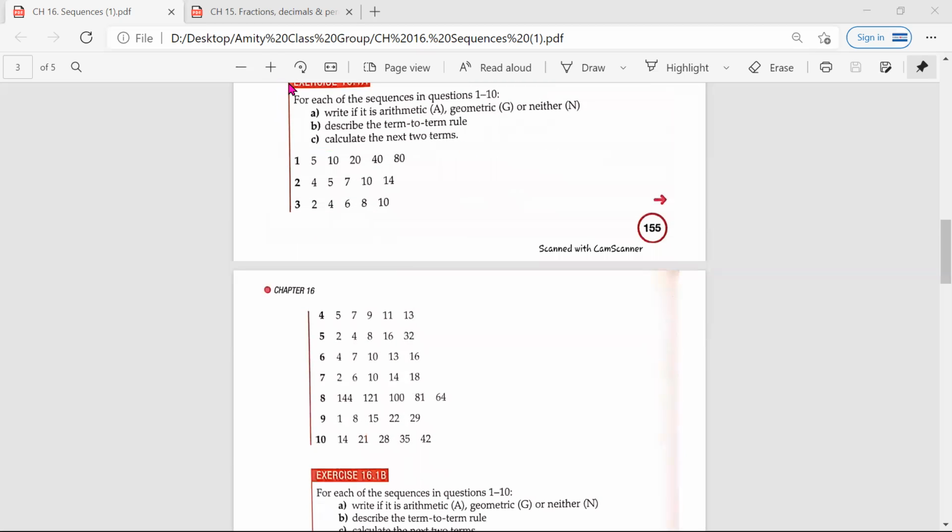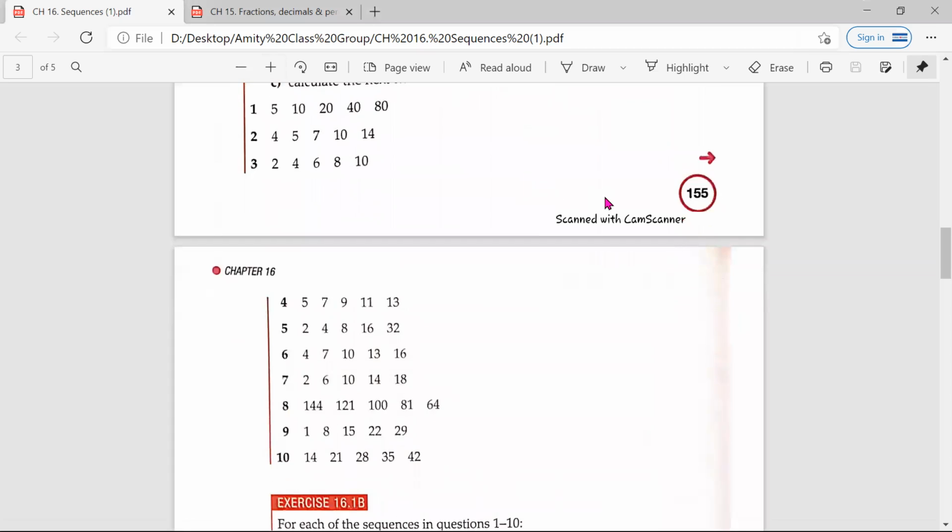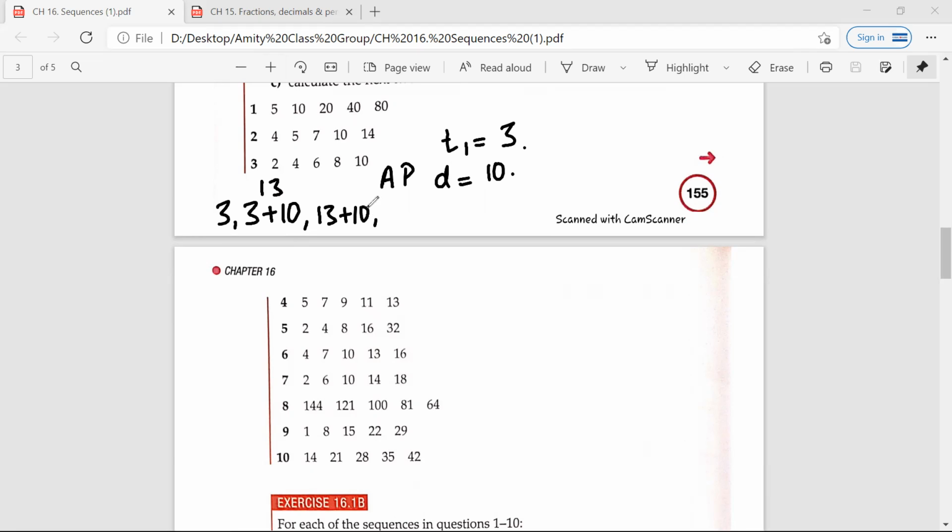So what we need to understand is that in an arithmetic progression, the same number is added. For example, if I want T1, the first term, to be 3 and the common difference to be 10, then my arithmetic progression would be 3, 3 plus 10 is 13, 13 plus 10 is 23, 23 plus 10 is 33.